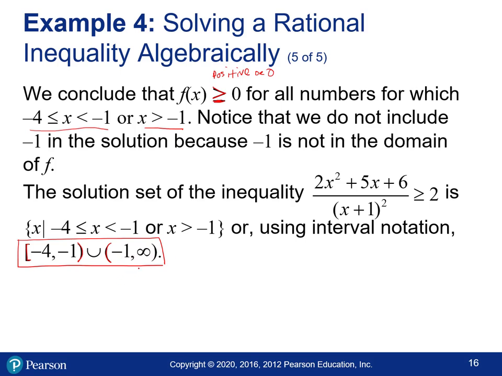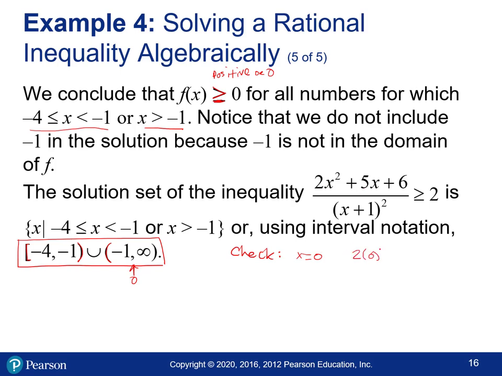All the way to infinity. And all of that, if we want to just check, we can plug those numbers back into our inequality, and it will be greater than or equal to 2. So let's just pick a nice easy number right here in this interval, we'll pick 0. So if x is 0, let's plug it into our inequality originally.